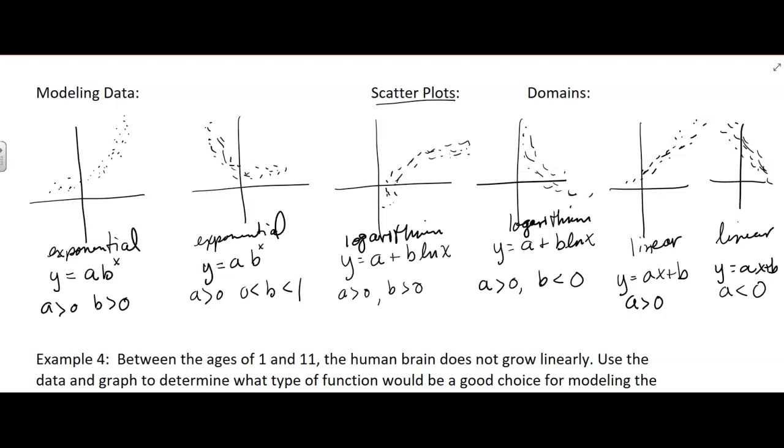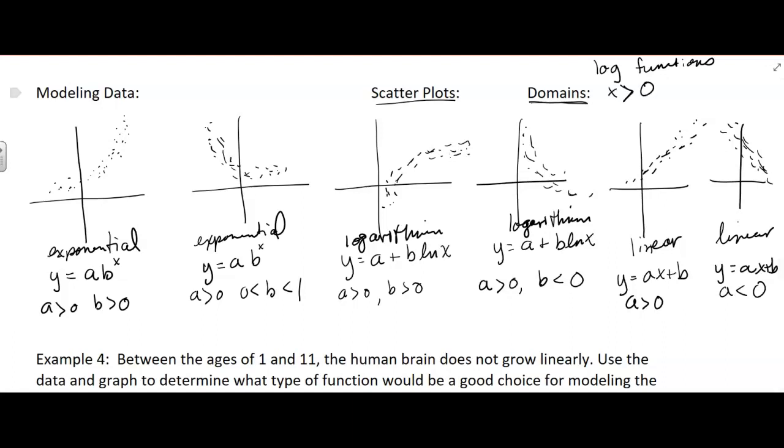Some of them look alike. One thing you can look at are the domains. So for log functions, your domain has to be x greater than 0, right?